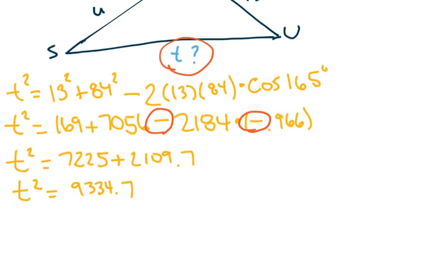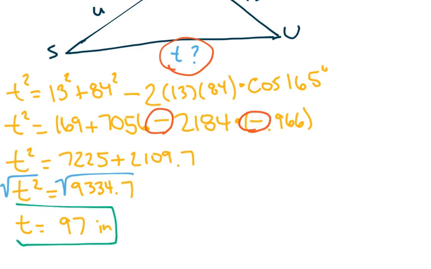And then once you have t squared, we need to take the square root of both sides, and we're left with t equals the square root of 9,334.7, and that gives us 96.616. So I actually need to round to the nearest inch, so I need to round up to 97 inches long.